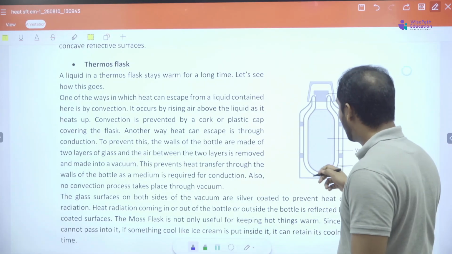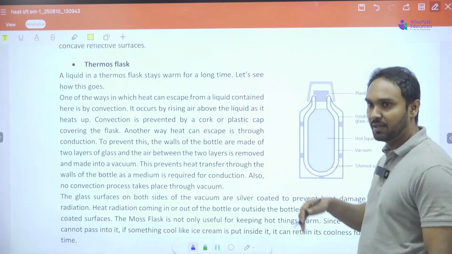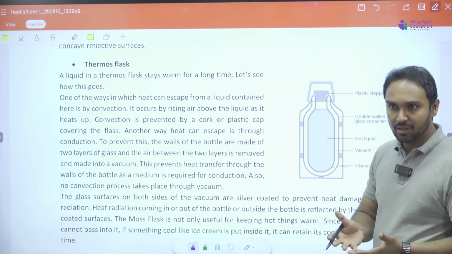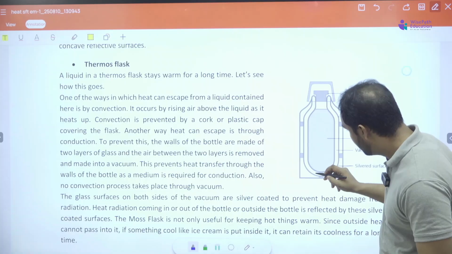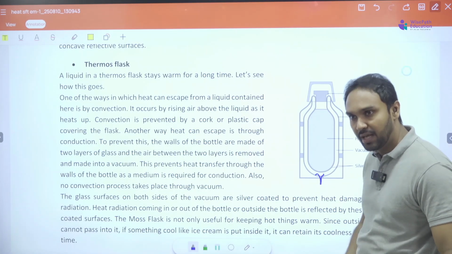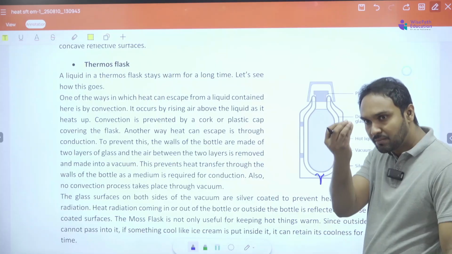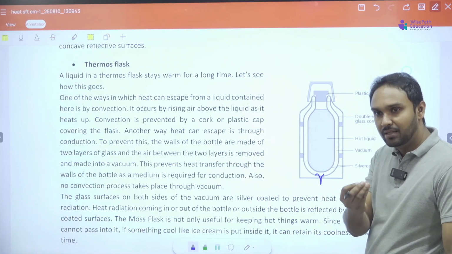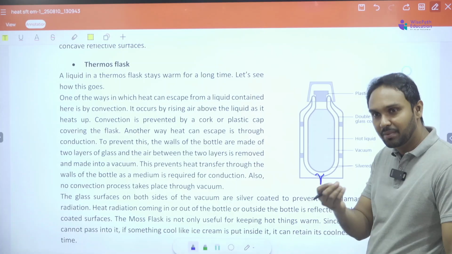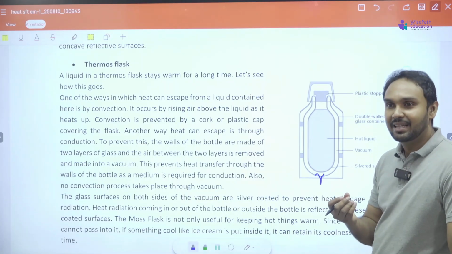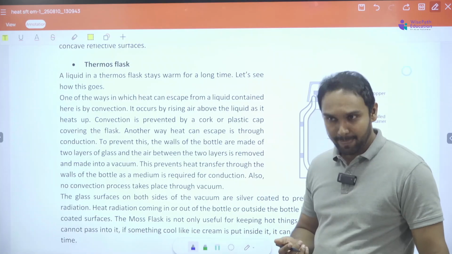Have you seen the bottle inside the thermos flask? There's a silver plated glassy bottle there. And have you seen there's a sealed patch in the bottom? Like a melted glassy thing in the bottom. If you check your thermos flask and break it, your mother will kill you, because that is the vacuum seal, you know.